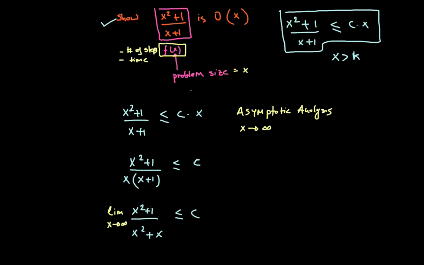If I look at this expression and plug in infinity for x, the numerator is infinity squared plus 1, which is infinity, over infinity squared plus infinity, which is also infinity.